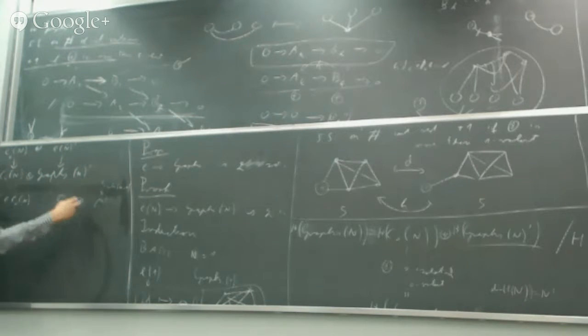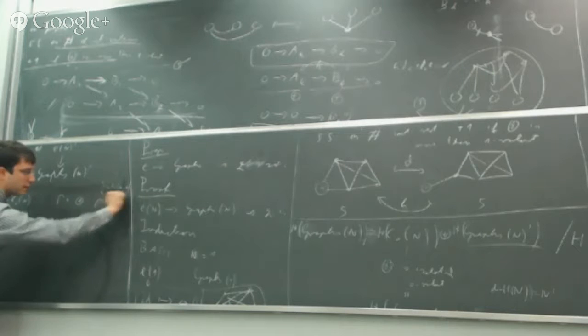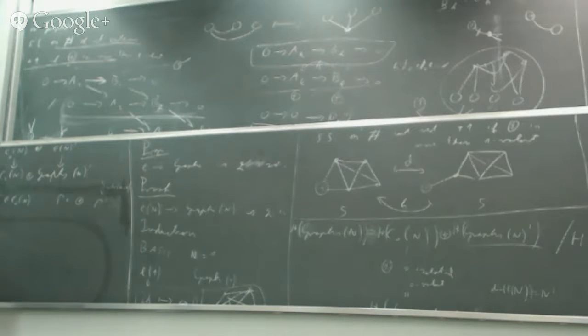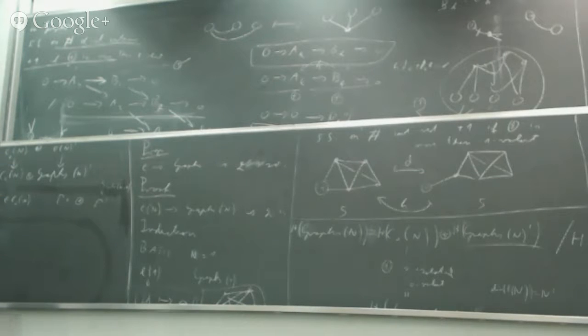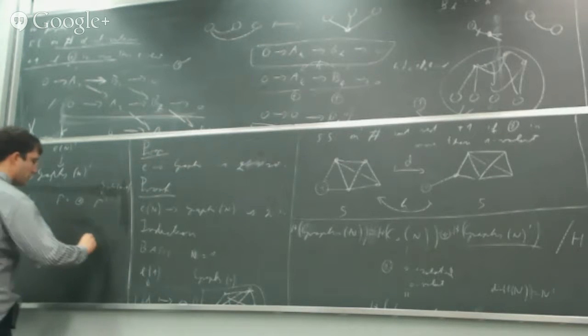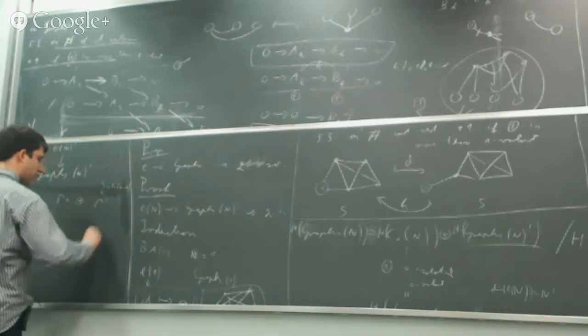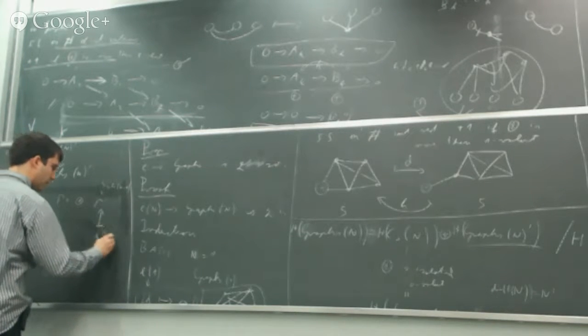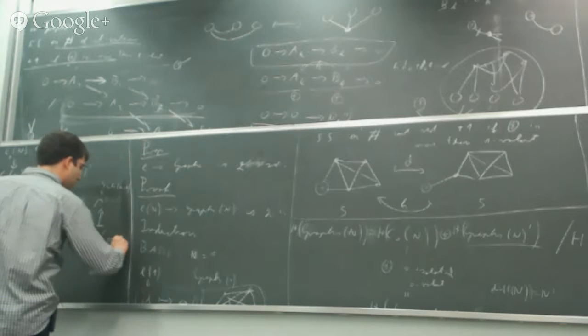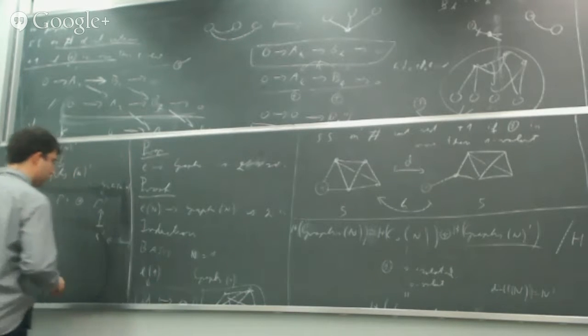So this is just 1 disconnected from this. Therefore, because of the induction, I'm also doing this induction, there is some x prime, which is mapped here, which is in E n-1.